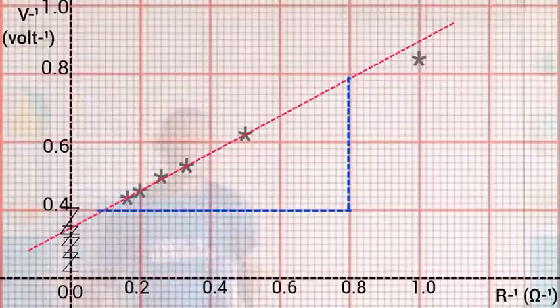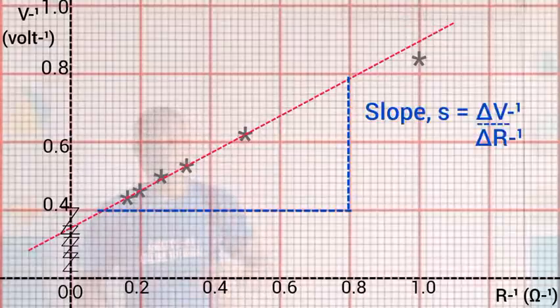And so we are going to evaluate the slope. Now how do we evaluate the slope? The formula for slope, you know, is change in the vertical axis over change in the what? Horizontal axis. That's to say, change in 1 over V axis all over change in 1 over R axis. So all we have to do for the vertical, you go to the vertical line of your slope, then trace from the starting point of the vertical line to the end point where it touched the line of best fit.